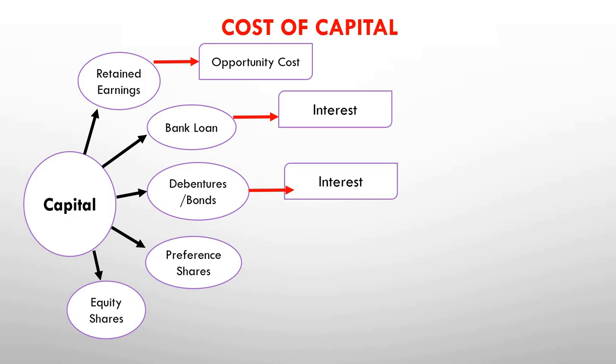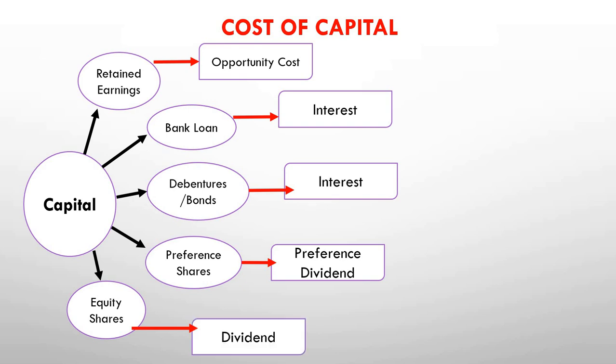So interest is my cost for borrowing the money from the debentures. If I am borrowing the money from the preference shares, I have to pay the preference dividend. And if I am borrowing the money from the equity shares, I have to pay the dividend to them. So everything comes with a cost. These are all my costs for borrowing the money from these sources.